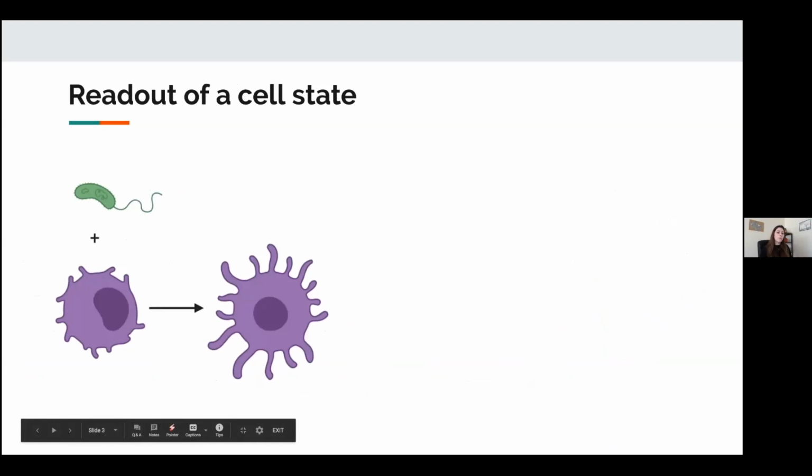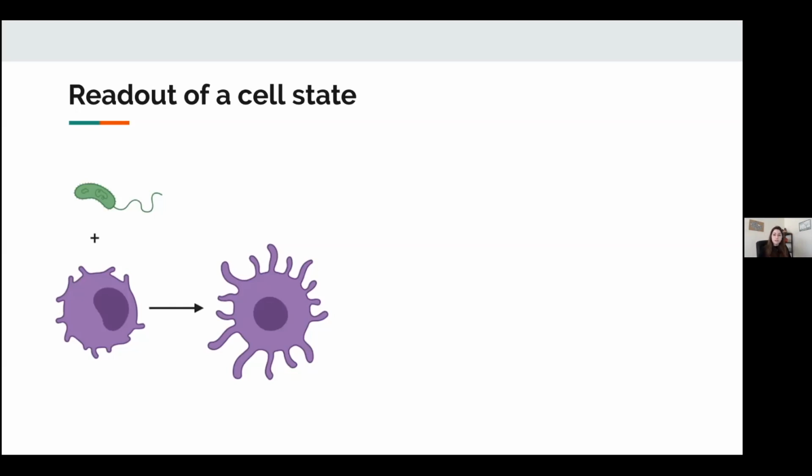All right, so the way we like to think about this type of data is as a readout of a cell state. So cells respond to changes in their environment, for example, to a threat of a pathogen in the case of innate immune cells. And we can observe these changes in their transcription output or in their chromatin landscape.